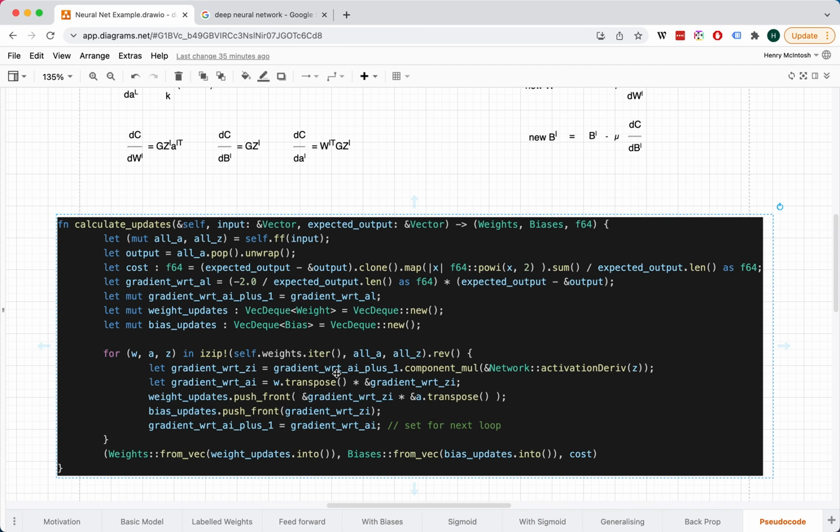It's going to be our gradient with respect to ai plus 1 multiplied with our activation derivative of z. Then we're going to get our gradient with respect to ai here, which is weight transpose times the gradient with respect to zi. Then we can calculate our weight and bias updates, which you can see are exactly what we've got in our maths, and then we can set the gradient with respect to ai plus 1 to whatever we calculated it is for this loop, so that it's ready for the next loop.